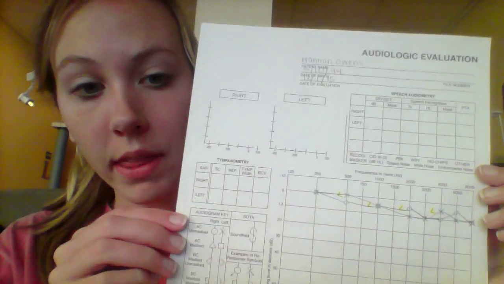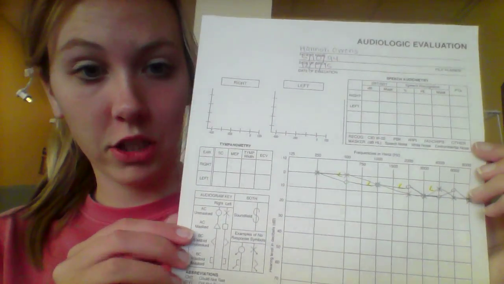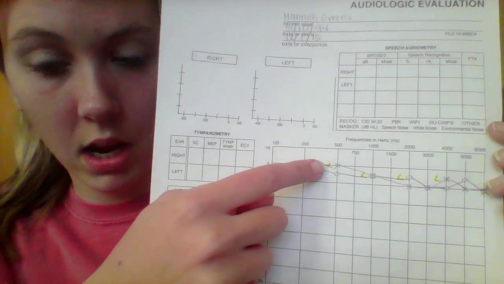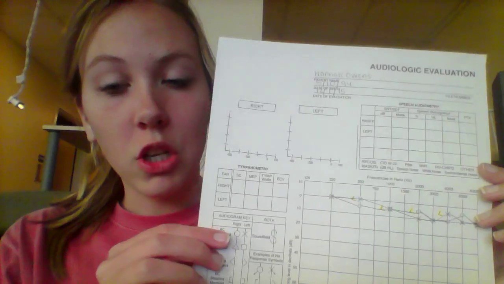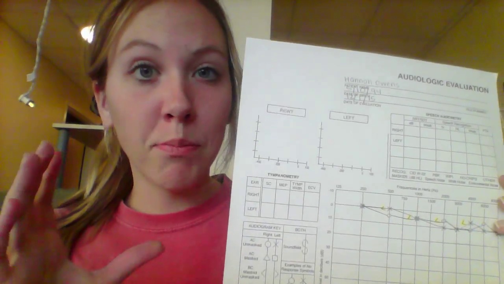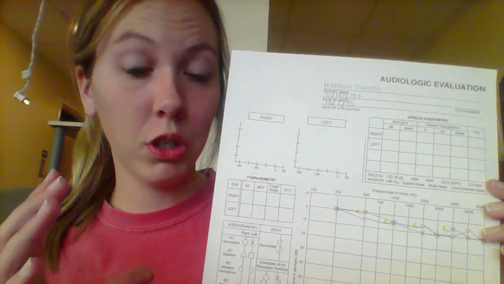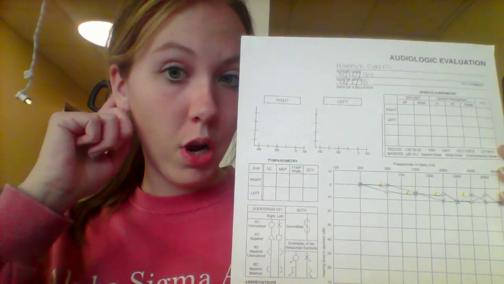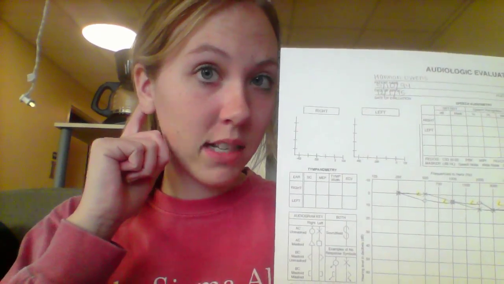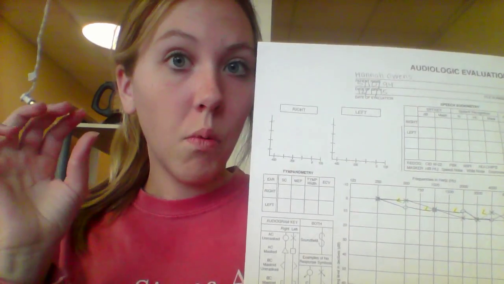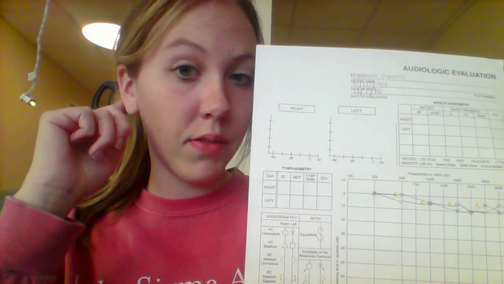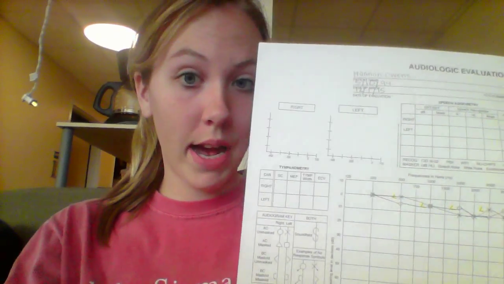And the other way that we can test hearing is through bone conduction. And so this symbol is showing her bone conduction thresholds. Bone conduction uses vibrations of sound because sound is a force. So we can put a little machine right on the mastoid bone behind our right ear, and the sound will vibrate the bones of the skull and hit the inner ear and then go to the brain.